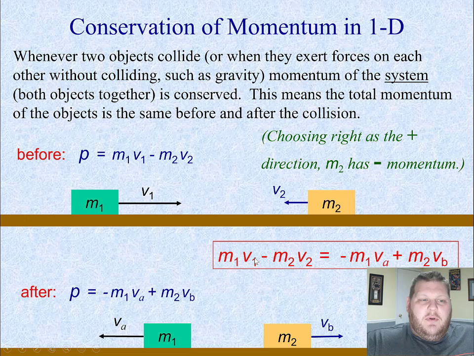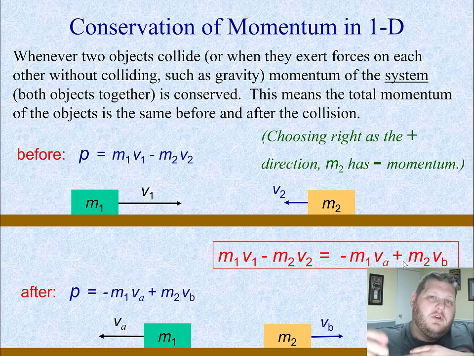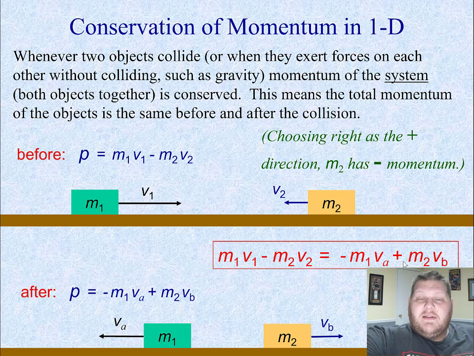Again, you've got before on one side and after on the other. You find the total momentum beforehand, you find the total momentum afterwards, and you'll see they're equal, or in most cases, you know the momentum before, you've got some aspects of it afterwards, and you can figure out the rest.